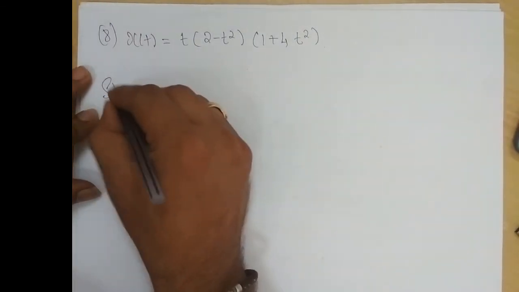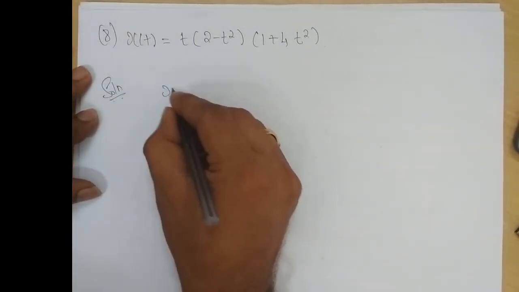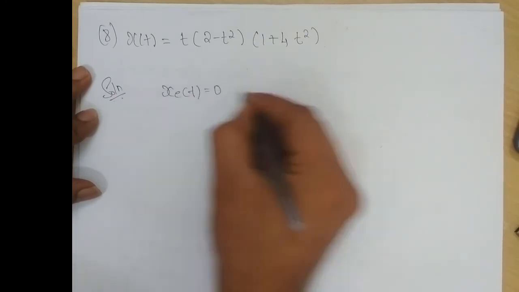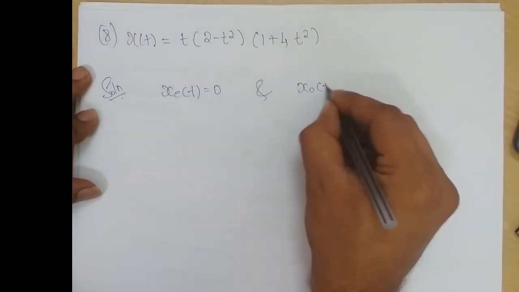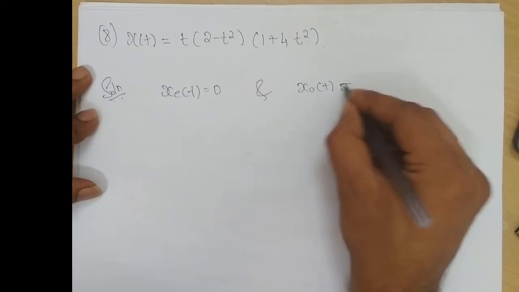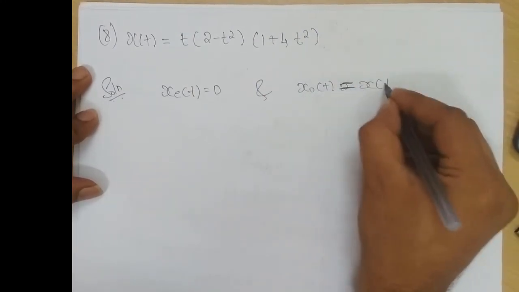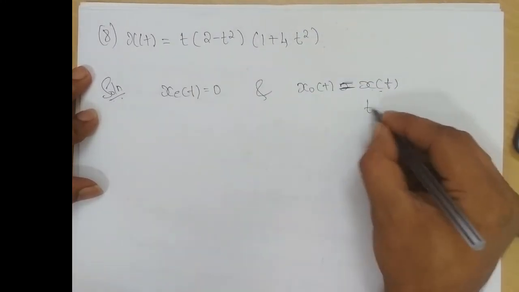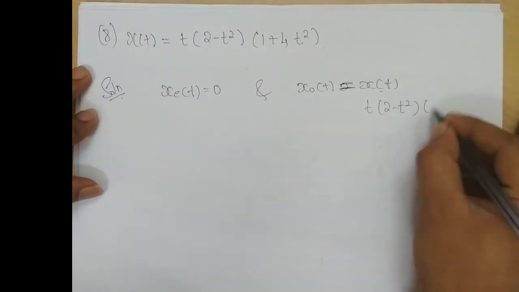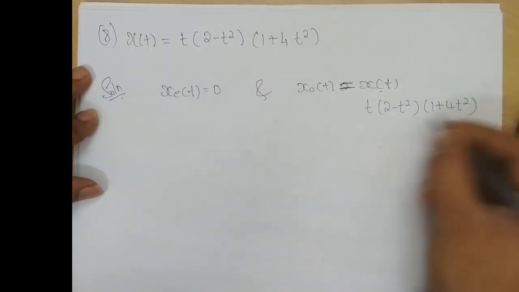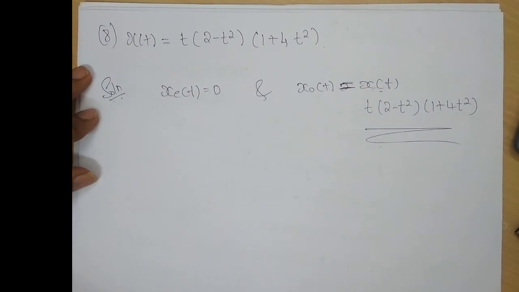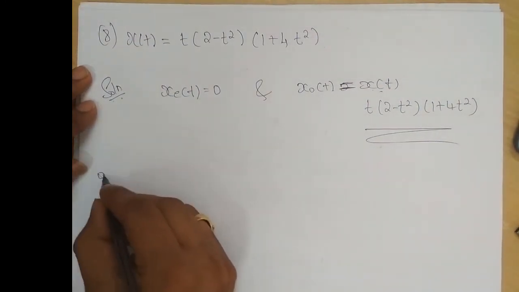So solution. So even component for this signal is 0 and odd component for this signal is the signal itself. When I say the signal itself, it is t into 2 minus t square into 1 plus 4 into t square. Okay, try to solve this and take up one more.